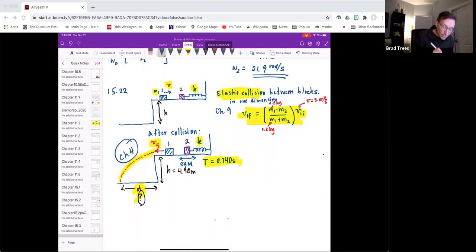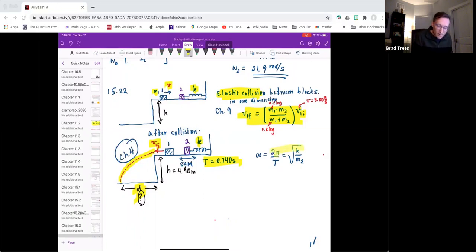Because what you need to remember from chapter 15 is that for a block on a spring, the angular frequency of its oscillation, which is 2 pi over its period, is equal to the square root of the spring constant divided by the mass of the thing that is oscillating. And what is oscillating here is block 2. So you would put M2, not M1, M2.